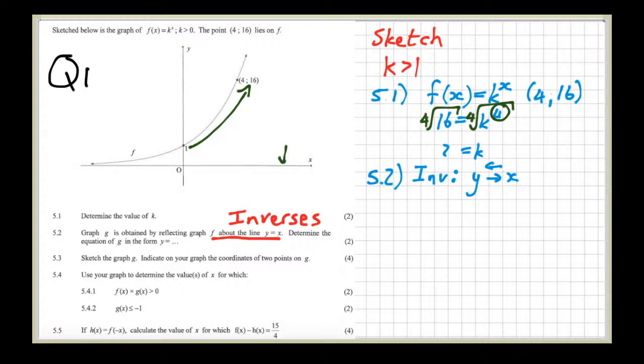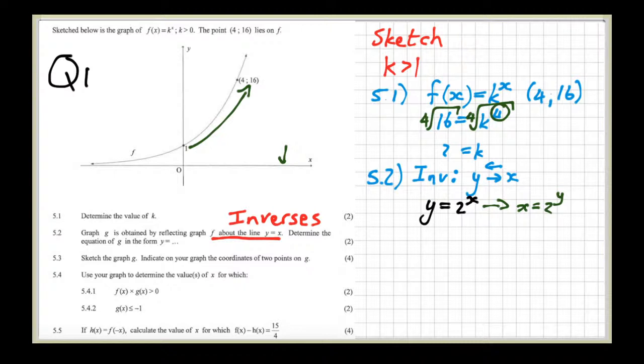So in my equation, which is y equal to 2 to the power of x, that is for f, to get the inverse, I'm going to swap x and y. In other words, x is equal to 2 to the power of y. But we haven't answered the question, and that's a very important thing. With functions and graphs, always make sure you answer the question.